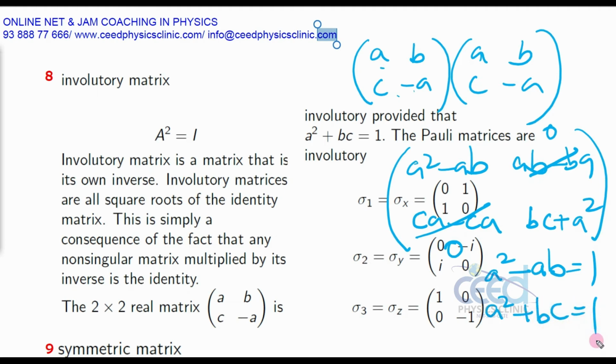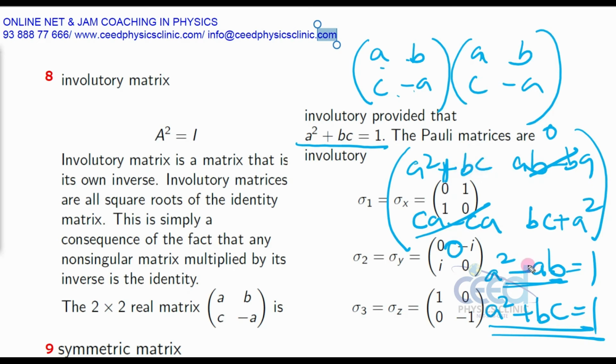Both conditions should be satisfied. So here this matrix is involutory when A square plus BC is equal to 1. Oh, here I have a mistake, right? A into A plus B into C, so the first matrix entry is also BC, right?